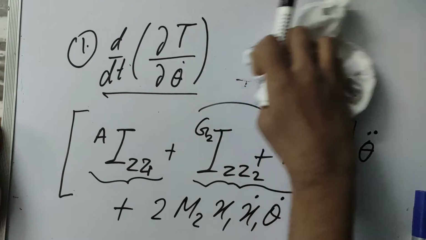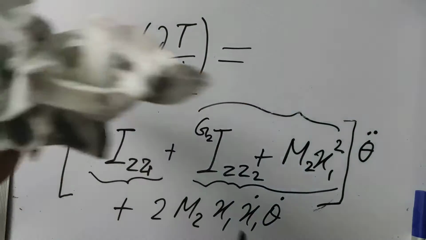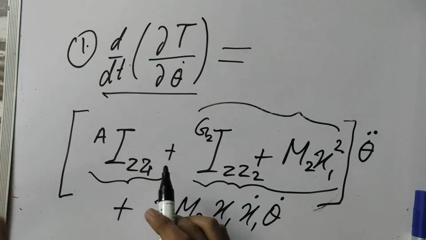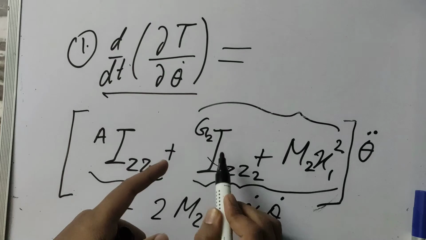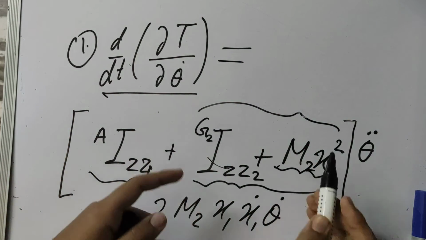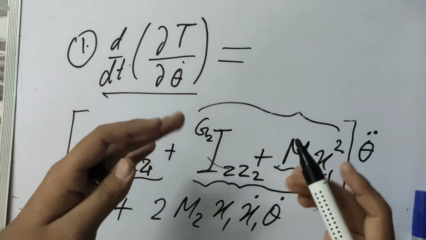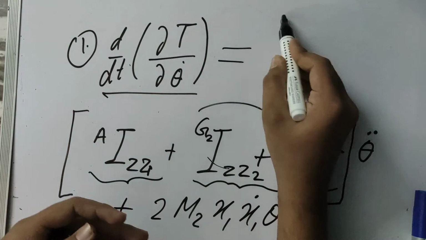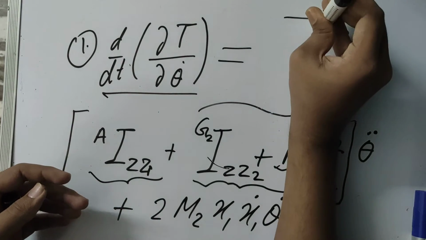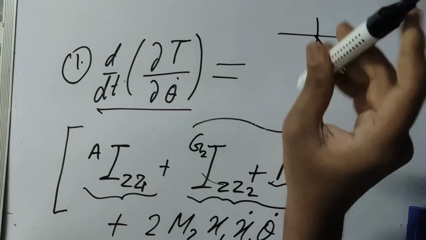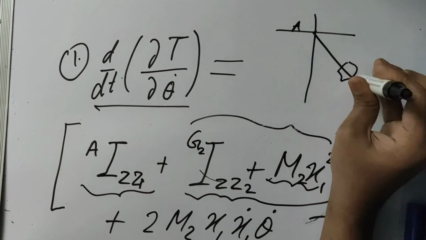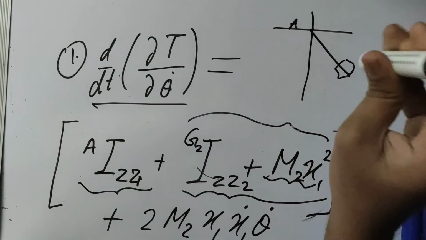but we are keeping it like this. I just wanted to point out that this is the moment of inertia of the rod about A, this is the moment of inertia of the sleeve about the center of mass, and this when added to this makes it something similar to what you will get from the parallel axis theorem. Like I'm saying that this is one axis of rotation and this is point A, and this is for the sleeve, this is one axis of rotation along its center of mass.